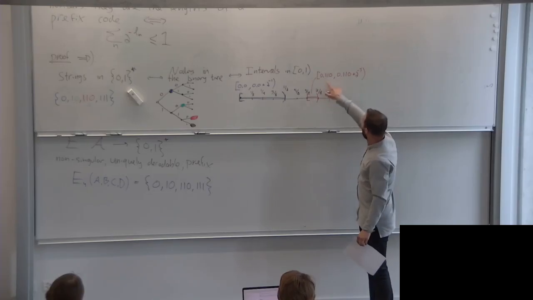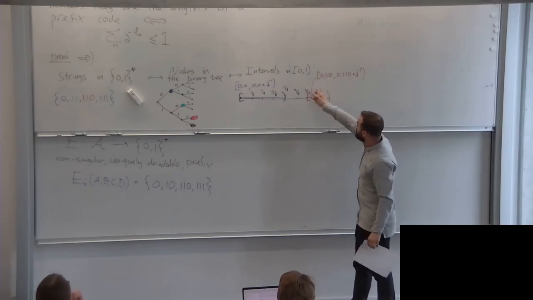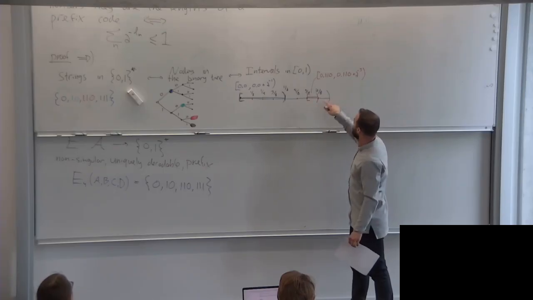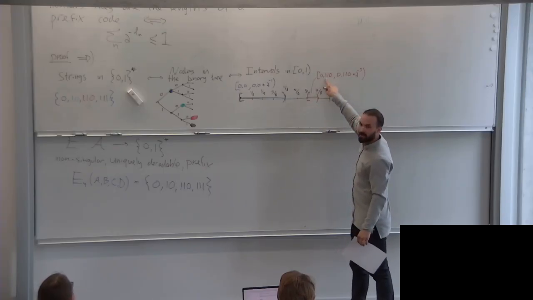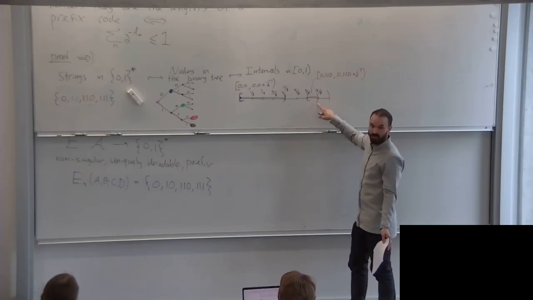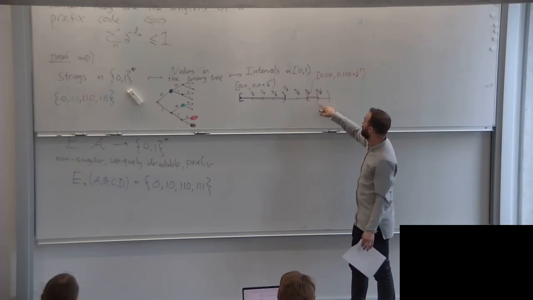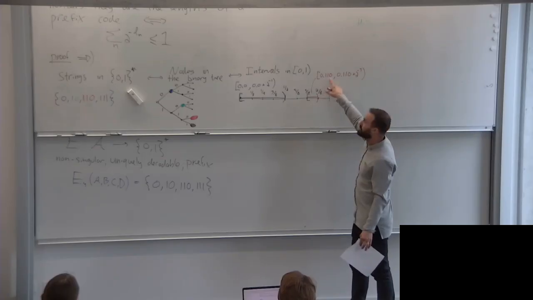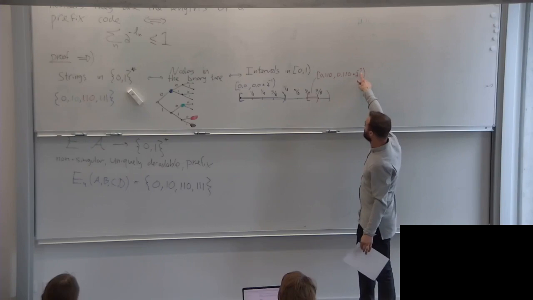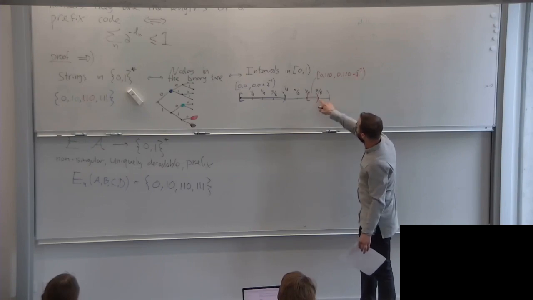Writing the interval this way shows that if I remove it from the available points, all the points remaining are guaranteed not to start with 1 1 0. Because precisely this interval is the set of all real numbers whose binary expansion starts with 1 1 0. That's why I extend for a length of 2 to the minus 3, so that the very neighboring point here is going to be 0.111 something.